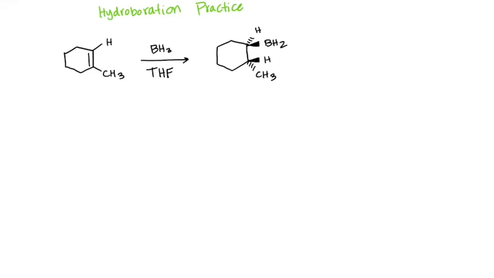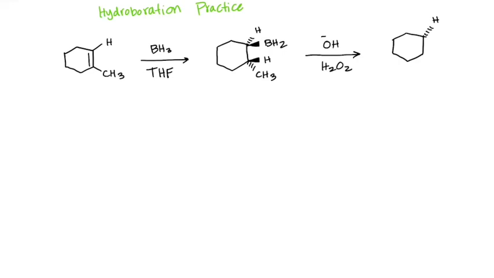And the BH2 attacks the less substituted carbon because it follows the anti-Markovnikov rule. And then the next step is to add a base such as OH- and hydrogen peroxide. And you can draw both of these on top of the same arrow. You don't need to show it in 2 different steps.